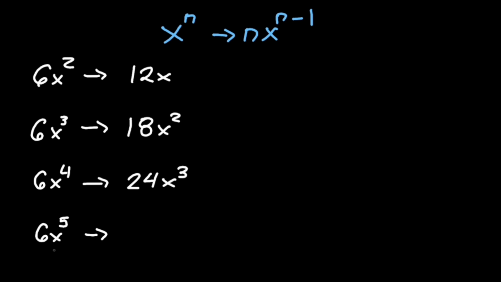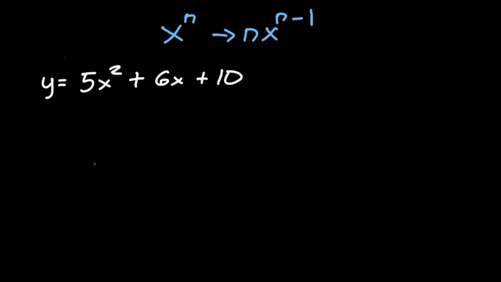Now, let's solve this step by step so that you will know how I got it. 6x raised to the power of 5. According to the formula, I will bring down 5 multiplied by 6x, and 5 minus 1 will be 4. Multiplying these two together, you will get 30x raised to the power of 4.